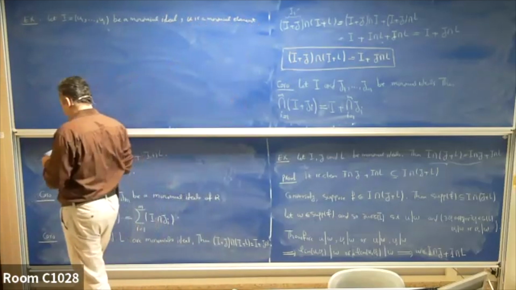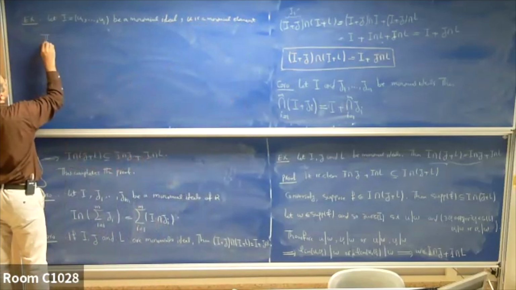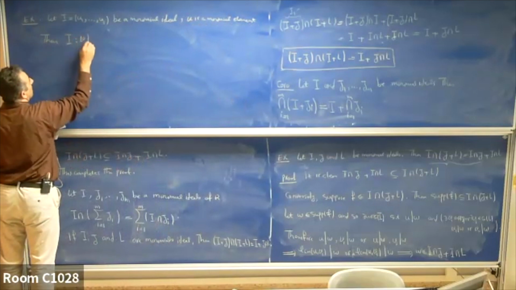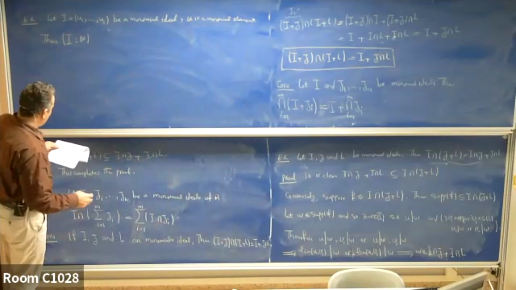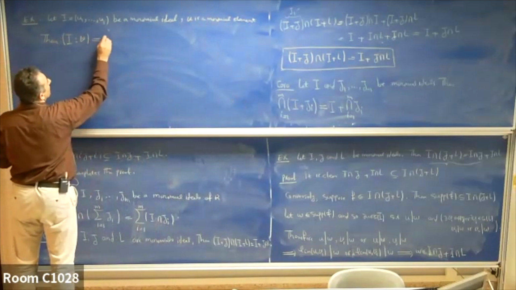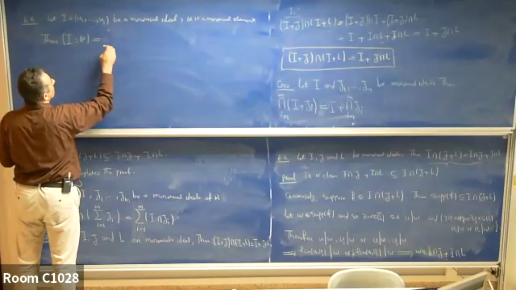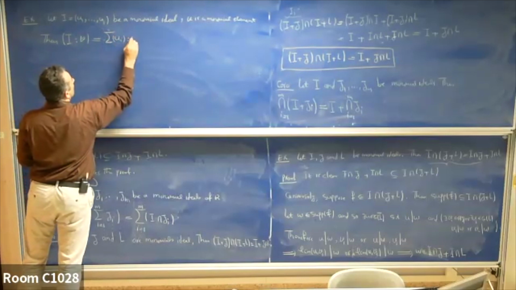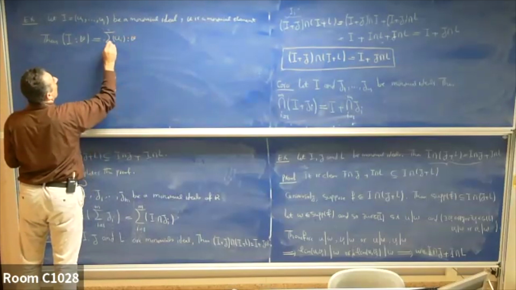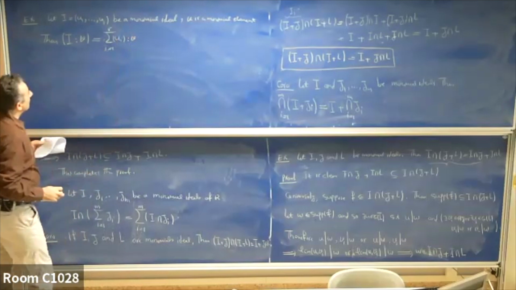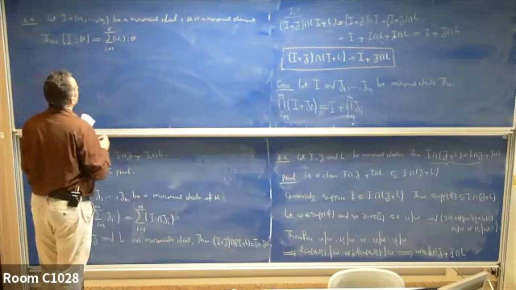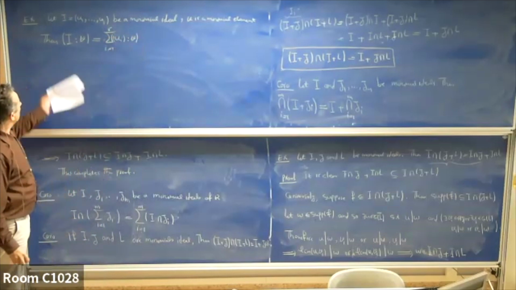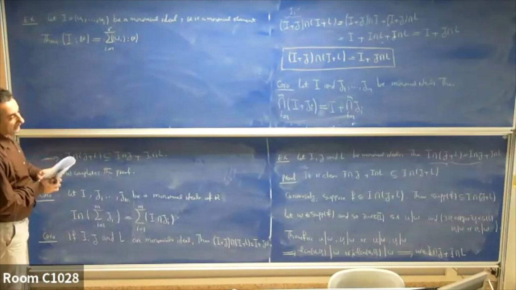Then the colon ideal (I : v) is equal to the ideal generated by this direction. This is nice. This colon ideal is equal to this sum.